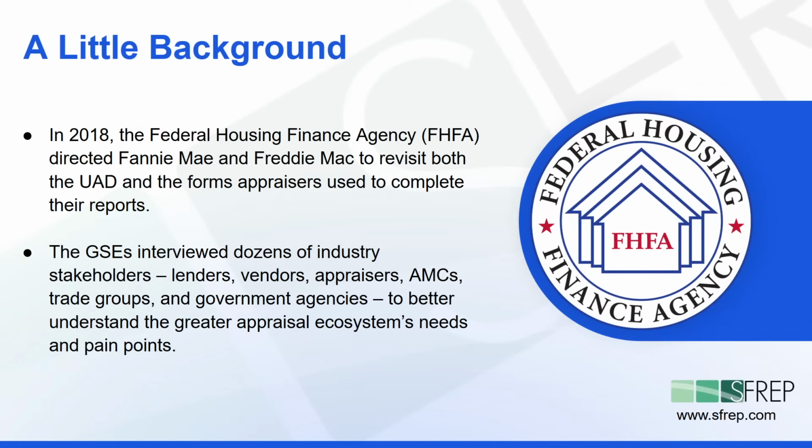When we came out with UAD 1.0, or actually now it's UAD 2.6, they used a lot of abbreviations so that they could shoehorn more data into the existing report types. And that made everything really hard to read.